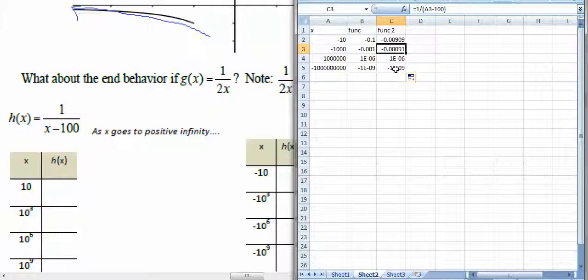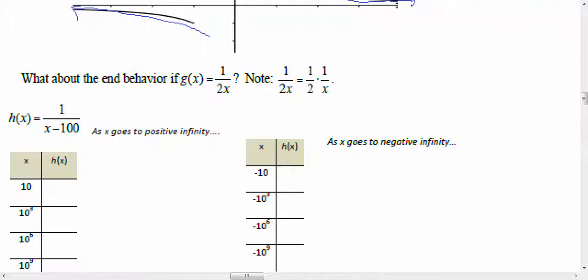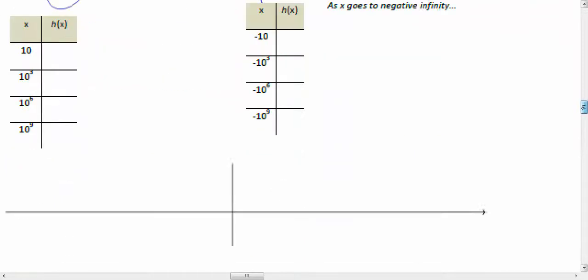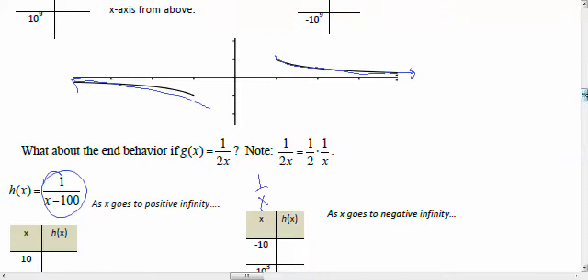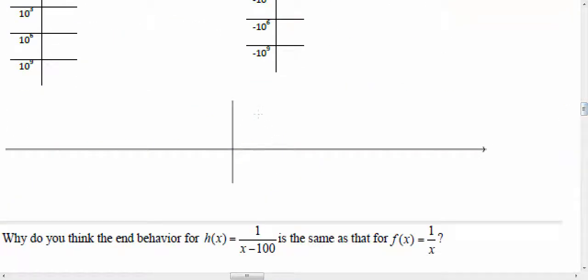Even though I added this minus 100, and you would assume 100 is a pretty big number to deal with, this function has the same properties as 1 over x when you're talking about end behavior. So if this is the end behavior of 1 over x, then the end behavior of 1 over x minus 100 is going to be the exact same thing.